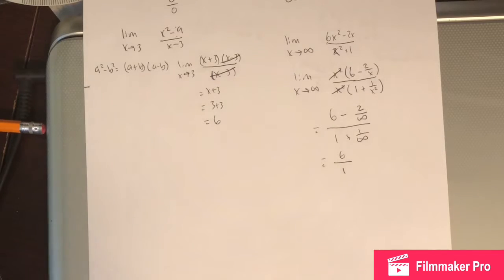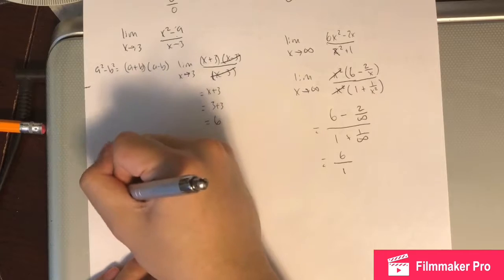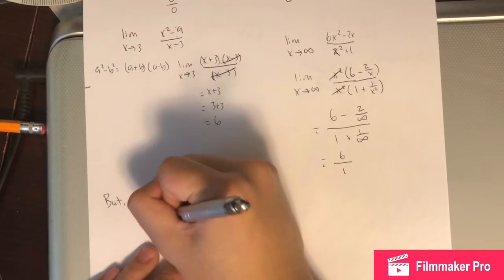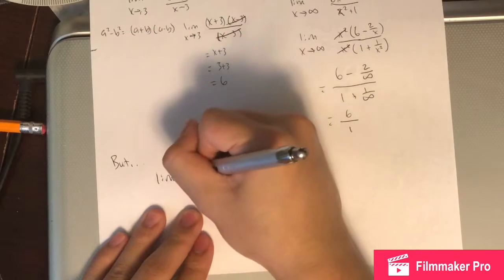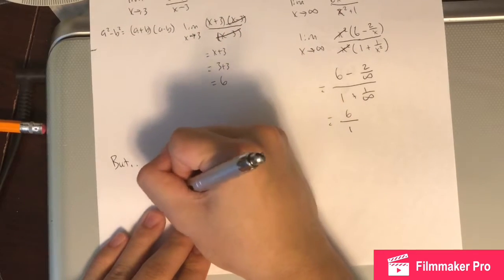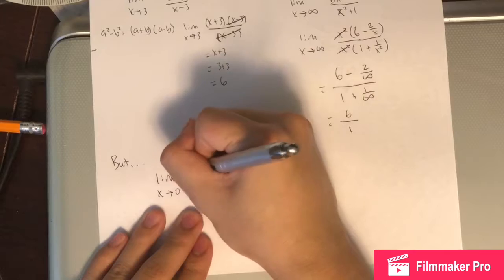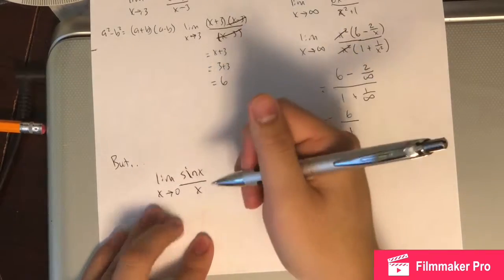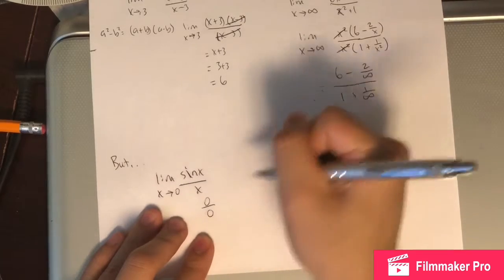Next, when we have a limit like this one right here, the limit of x to 0 of sine x over x, we would get 0 over 0 in this case as well.